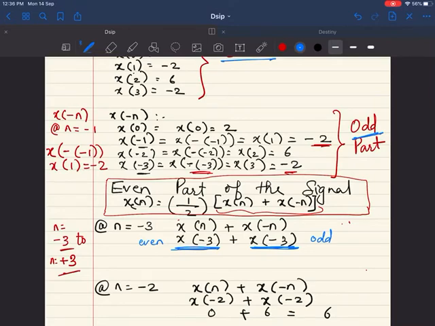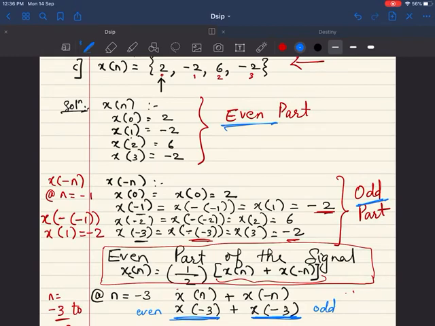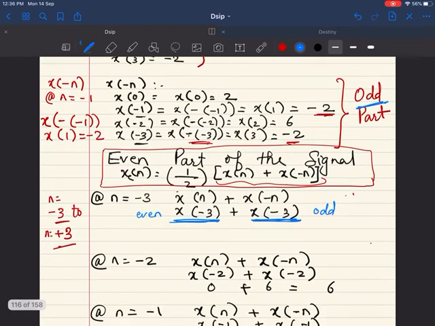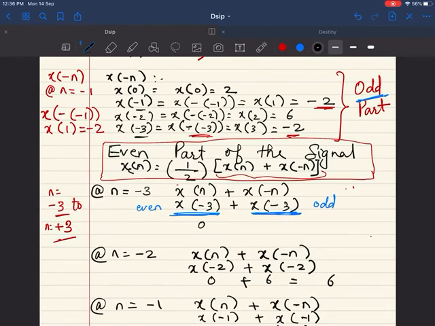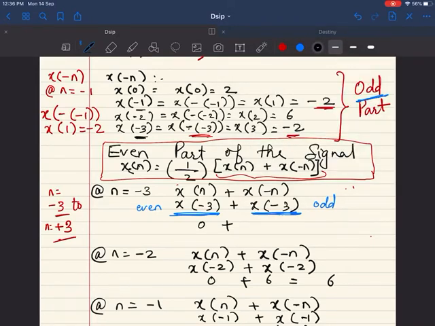So do I have x of minus 3 in the even part of the signal? Do I have it? No, my range is from x of 0 to x of 3. So what I will write over here is 0 plus. Do I have x of minus 3 in odd part of the signal? Yes, I do. It's right here and the value is minus 2. So at n is equal to minus 3, my value is going to be minus 2.